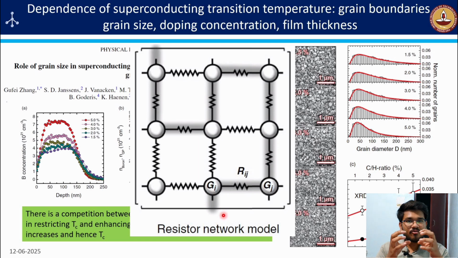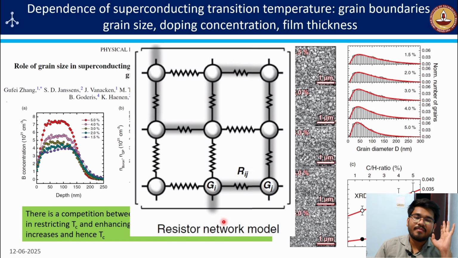If they are really close to each other, then a certain physical phenomenon happens, called Josephson tunneling. A superconducting current flows from one grain to another, and they start talking to each other. Then all your grains as a whole, because of this talking to each other, will give a global superconductivity.